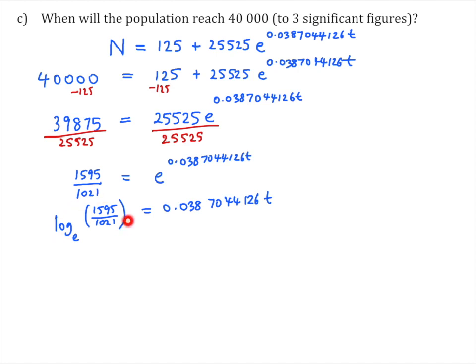So put this into your calculator, then divide by that, and you will end up with t equals, to three significant figures, if you look at it on your calculator screen, 11.5, and that's in years. So after 11.5 years, the population is going to be 40,000 people.